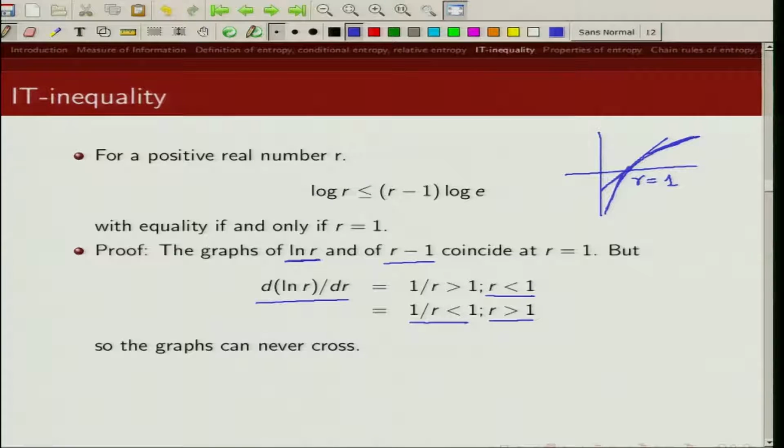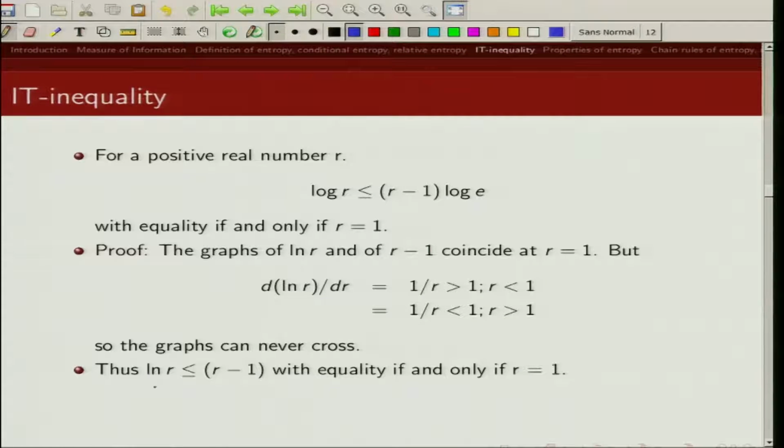So clearly these two graphs will not intersect each other again, and as I said, natural log of r is below r minus 1. This condition holds with equality only if r is equal to 1.